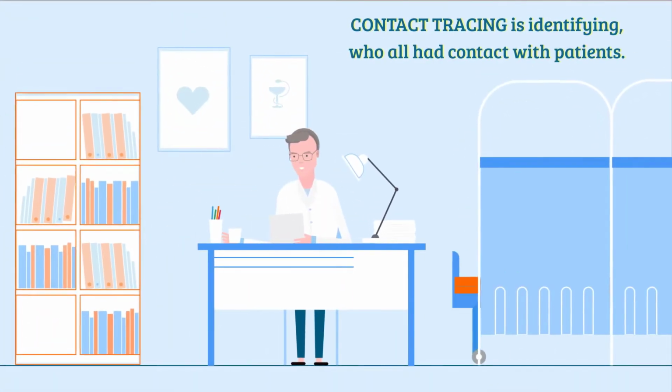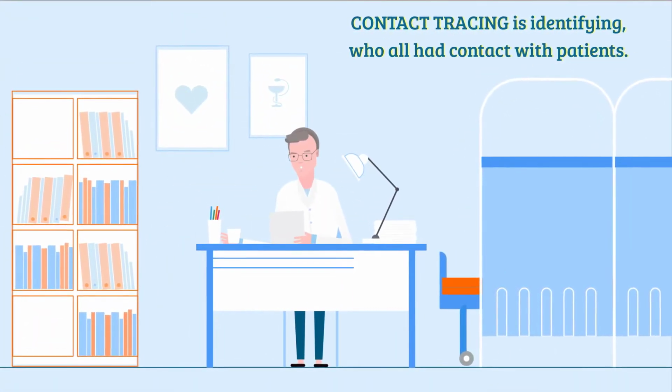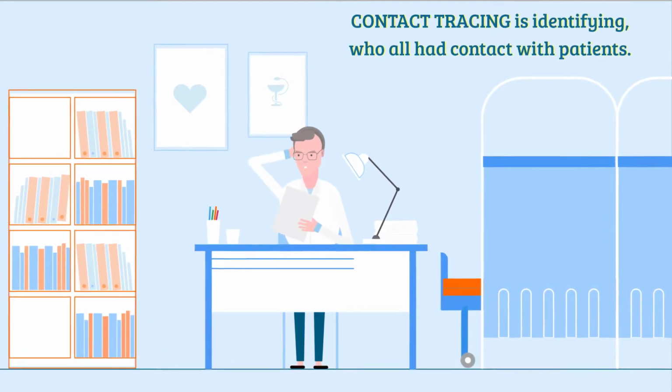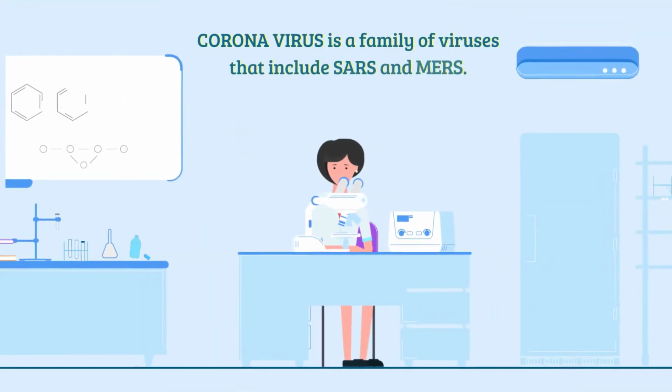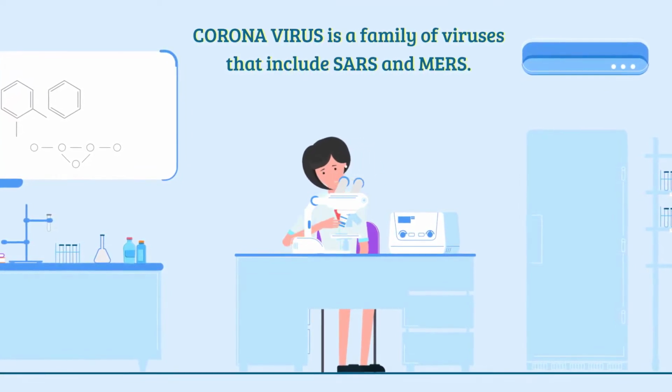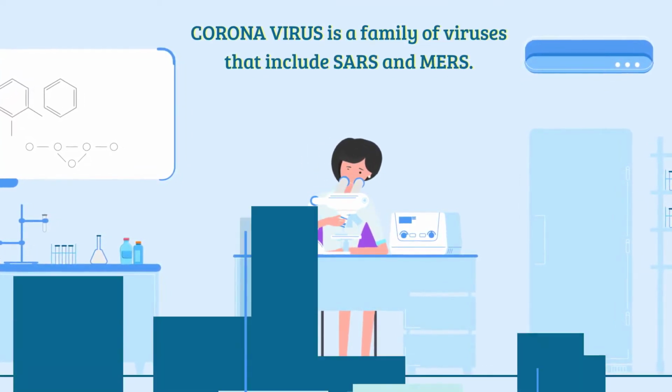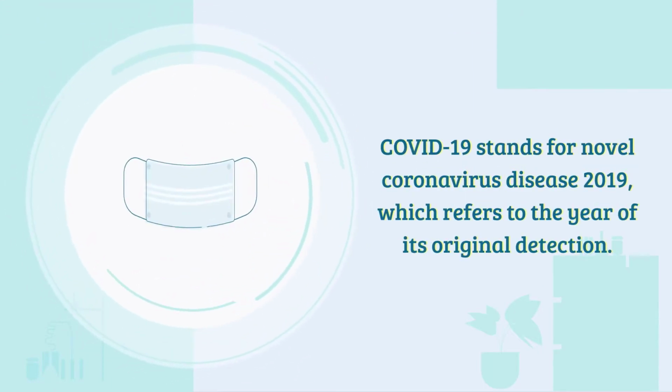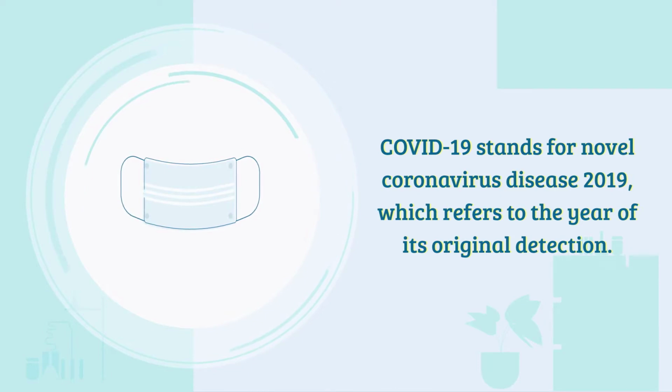Contact tracing is identifying who all had contact with patients. Coronavirus is a family of viruses that include SARS and MERS. COVID-19 stands for Novel Coronavirus Disease 2019, which refers to the year of its original detection.